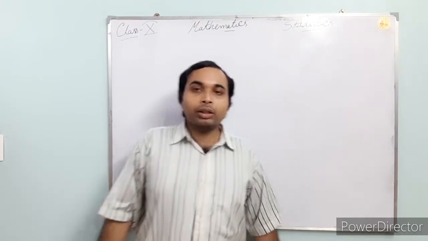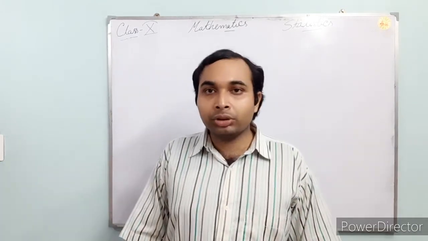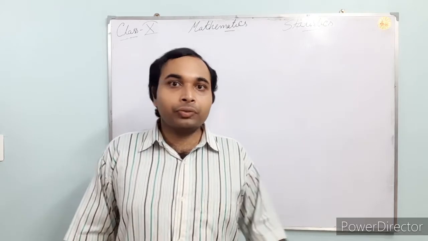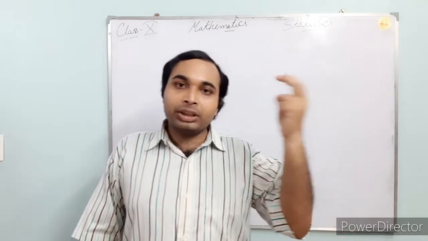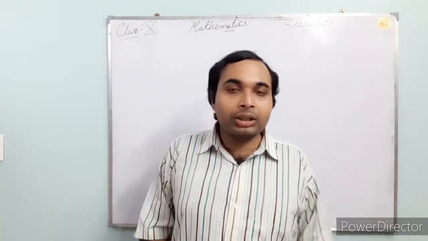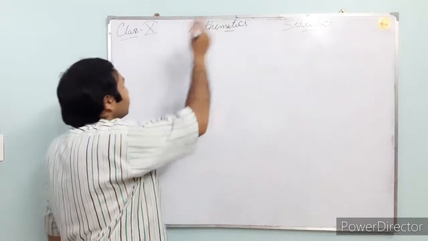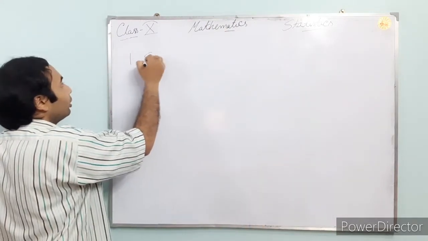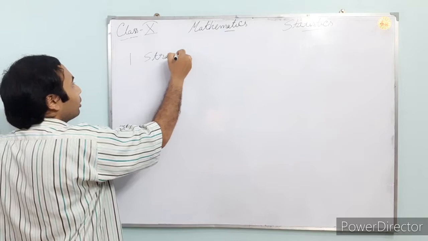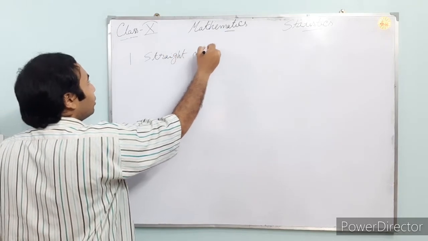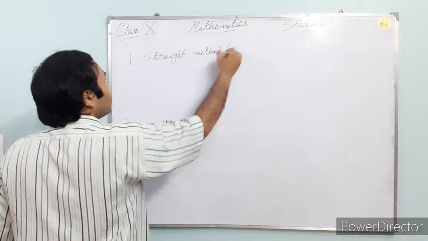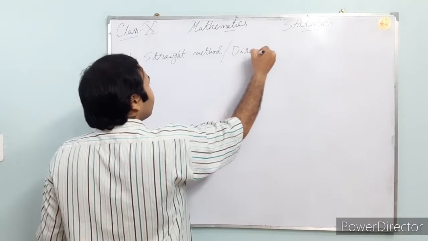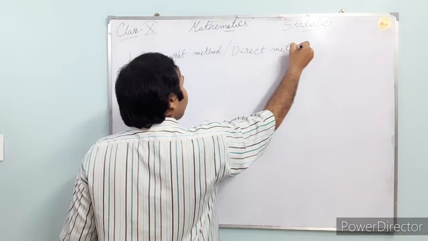So let us start. For the grouped data we have to find the mean, median, mode. For finding the mean, three methods are there. Number one, the straight method or the direct method.